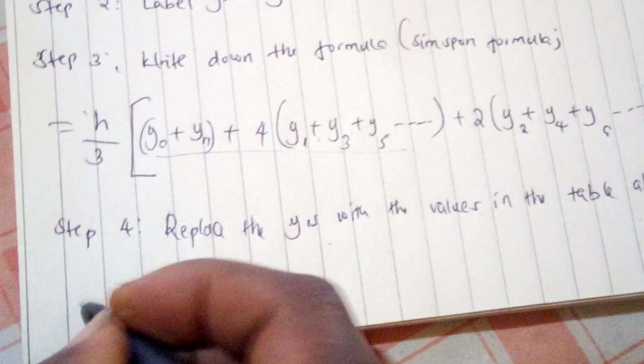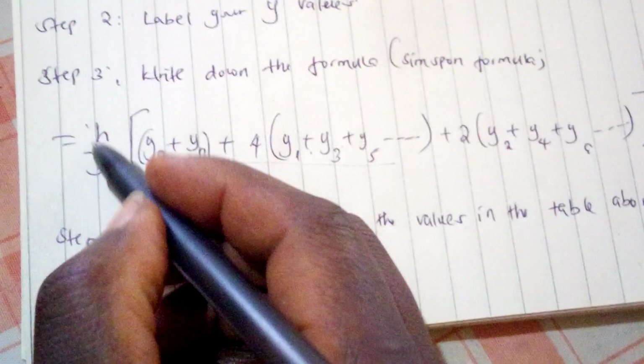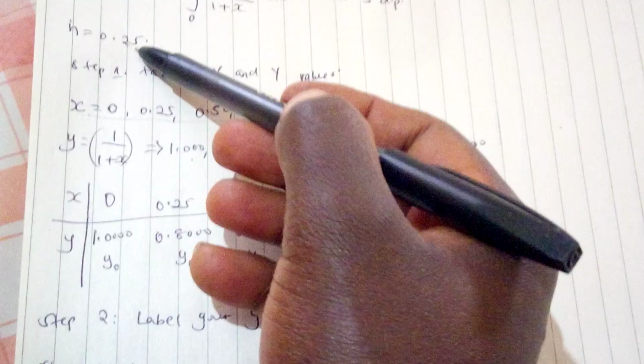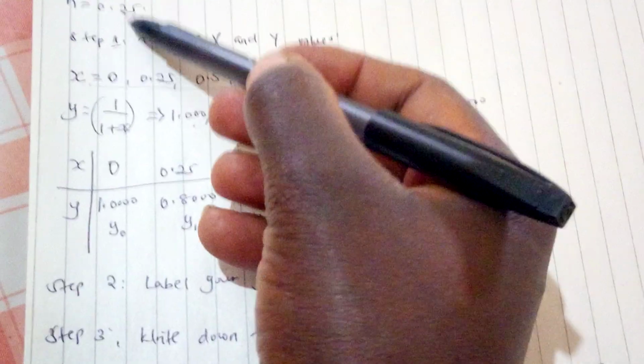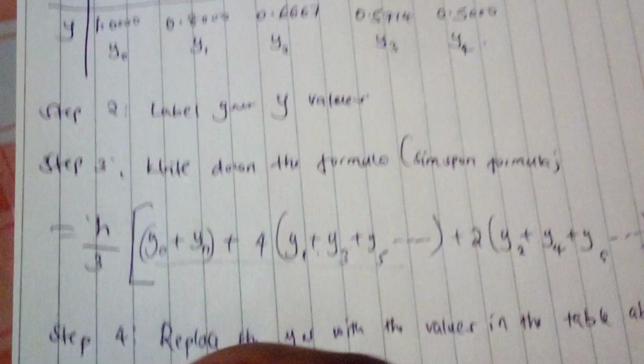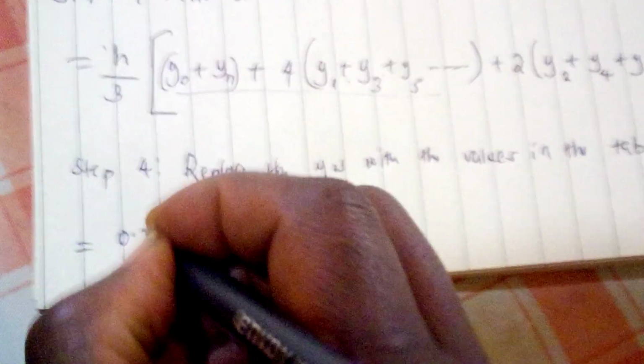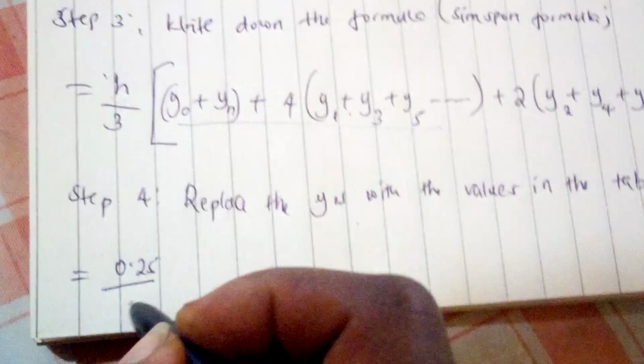We have our h, which we were told is 0.25, so we have 0.25 divided by 3.